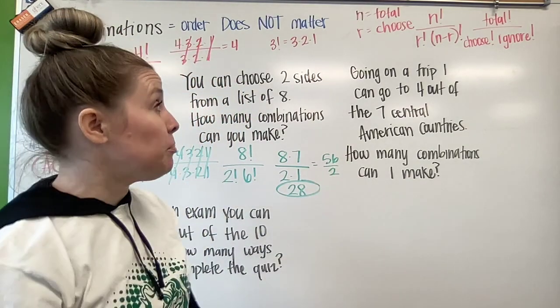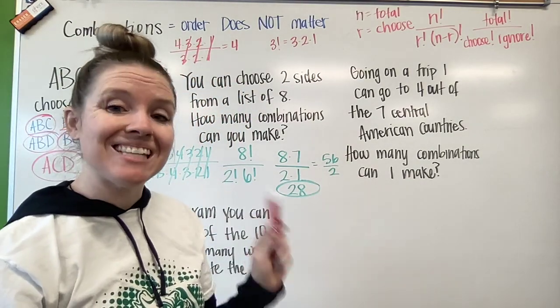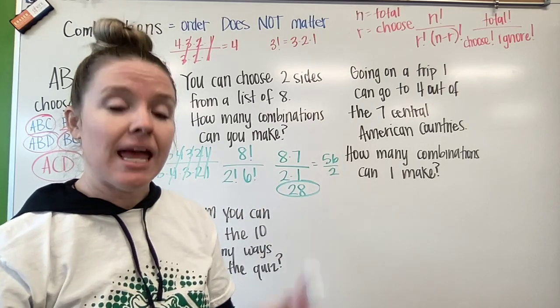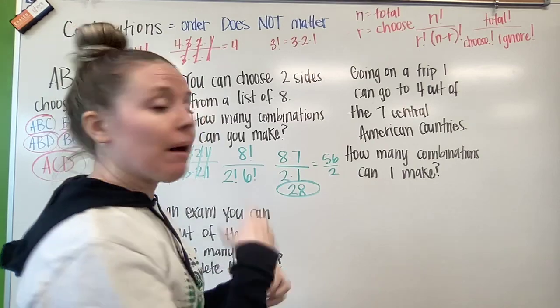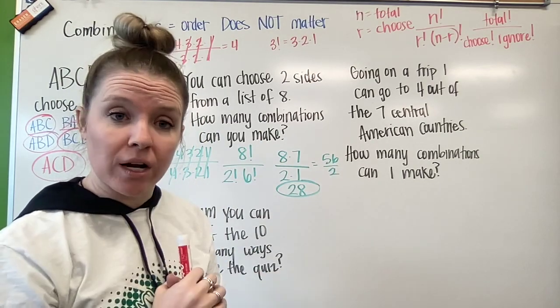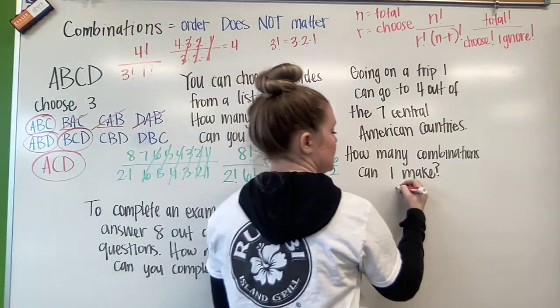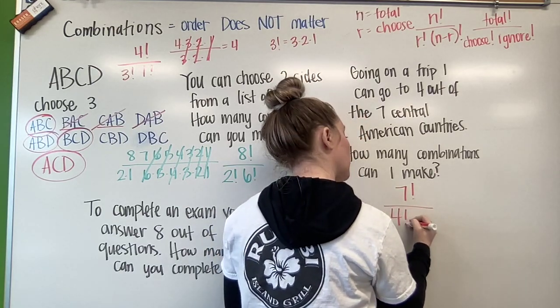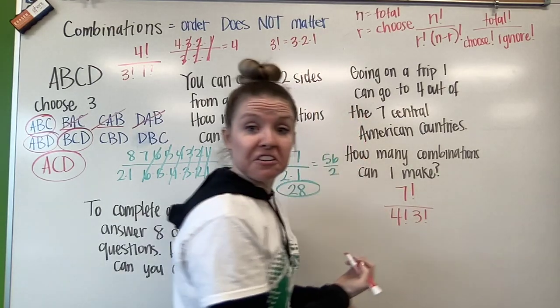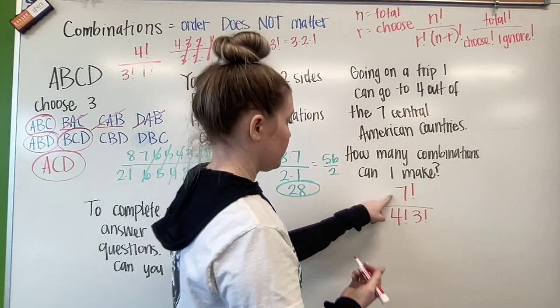I'm going to go on a trip, and I can go to 4 out of the 7 Central American countries. How many different trips can I create? So how many combinations can I create of those 4 countries? So there are 7 Central American countries. I'm going to choose 4, and I'm going to save the 3 for later. Okay?